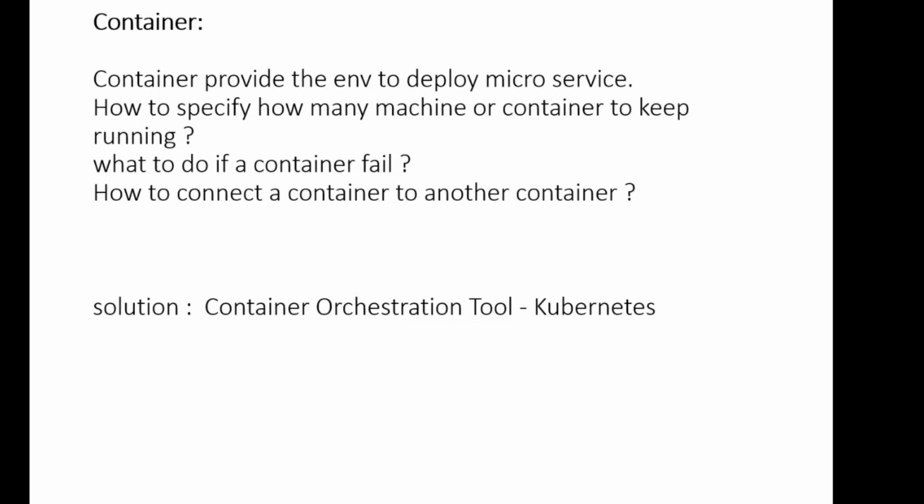How many containers should run at a particular time? Kubernetes can decide based on the autoscaler policy. If a container fails at a particular time, Kubernetes is responsible for recreating that container once again.